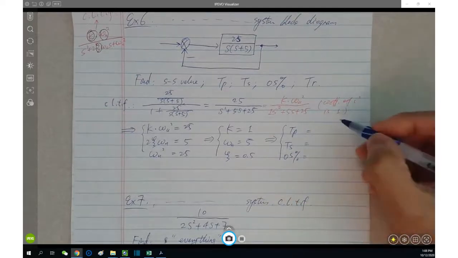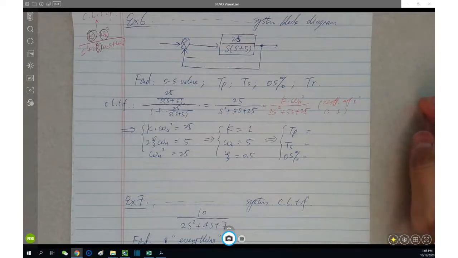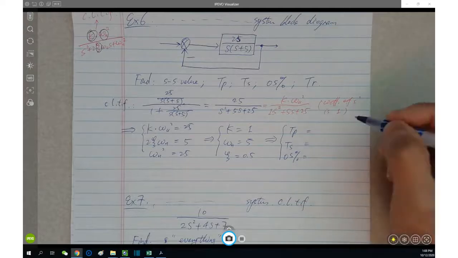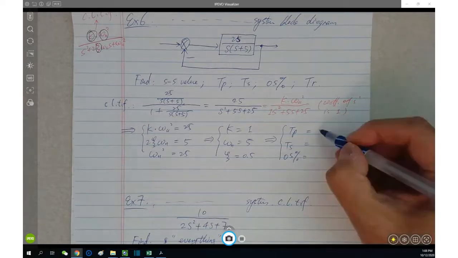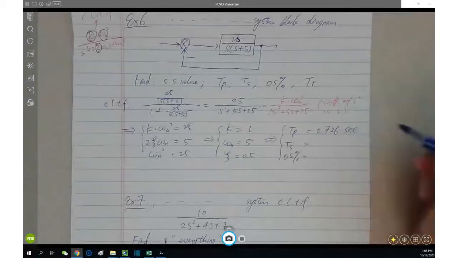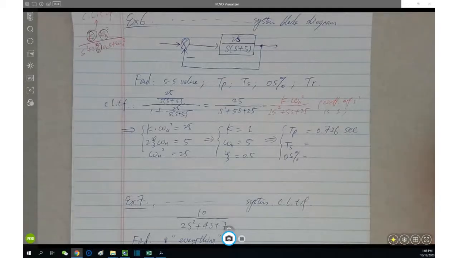And the correct values, once again, does anyone want to try your answers? Anyone got the values? Yep, I'm seeing 2. You can speak up. I got 0.73 seconds for TP. 0.73, good. I got 0.726, but yep, you go ahead.